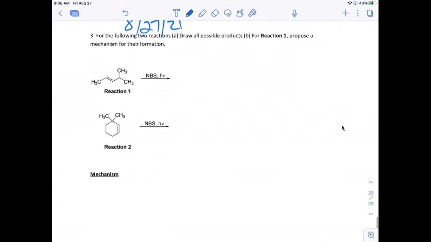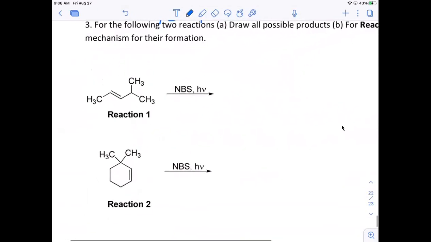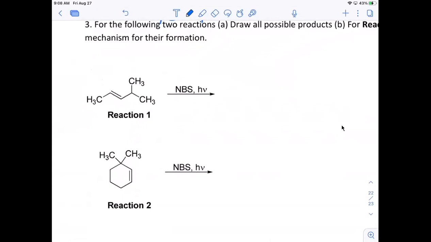If we look at number 3, reaction 1, how many potential products can we predict from that, based on what we talked about on Wednesday? And how do you go about predicting the number of products?